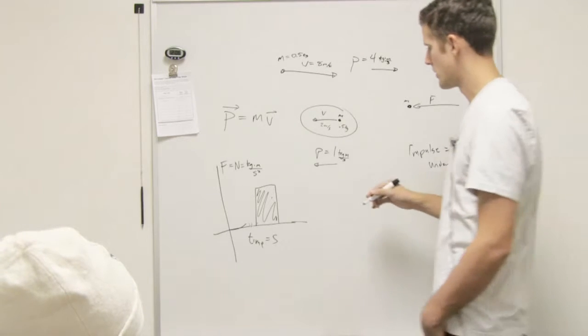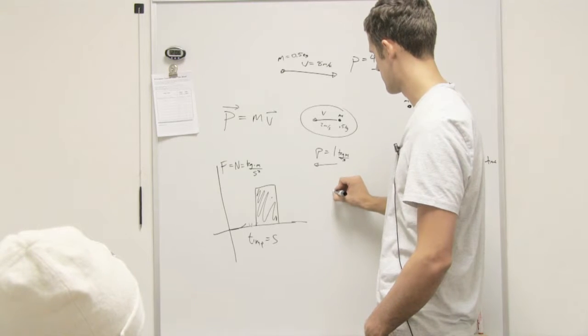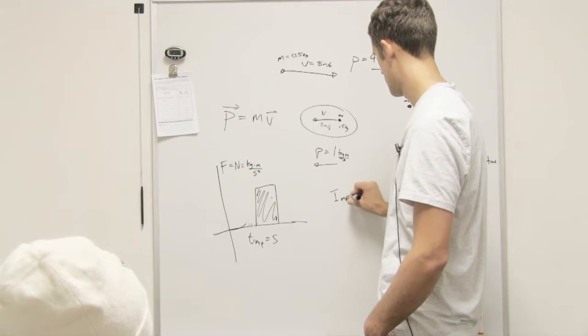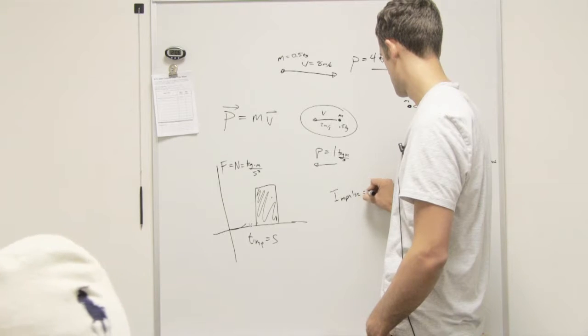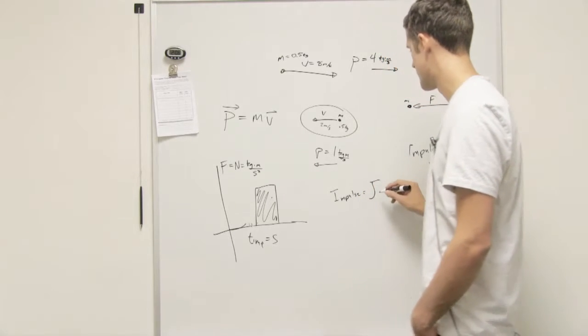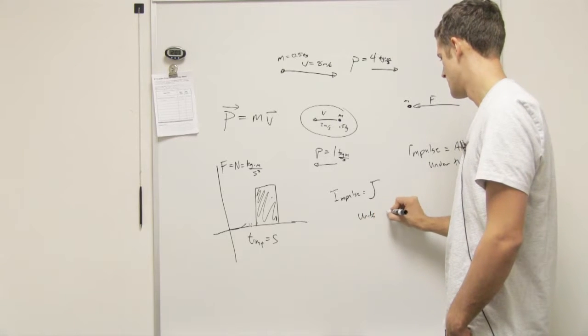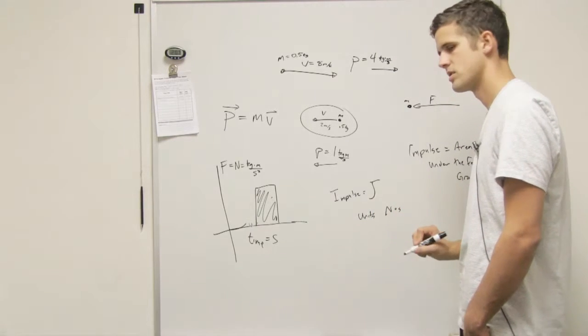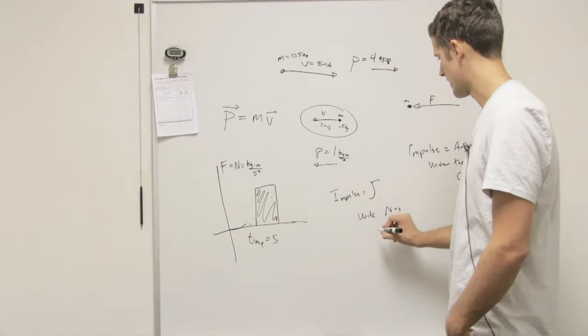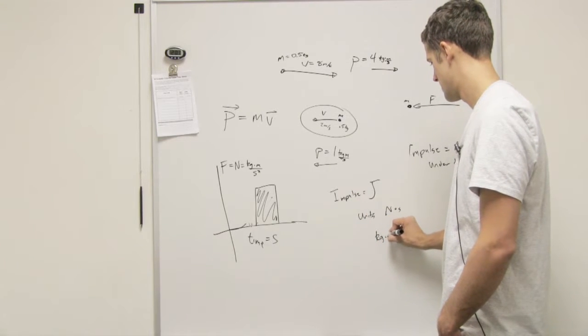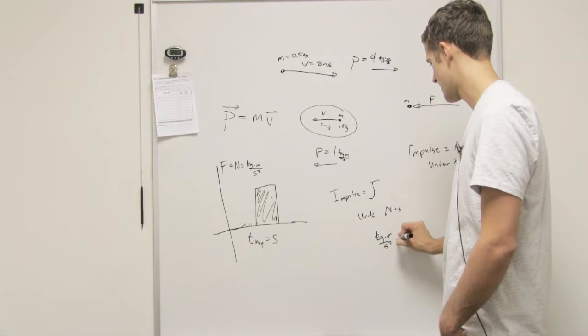Yeah. So for impulse, which is J, your units are newtons times seconds. And then newtons are a kilogram meter per second squared, right?